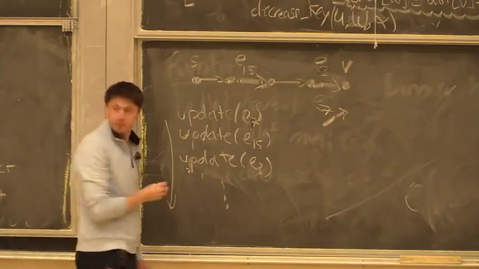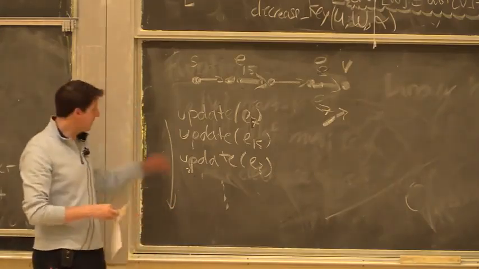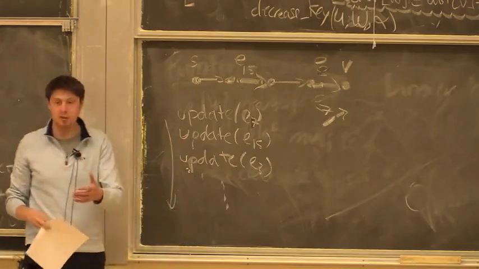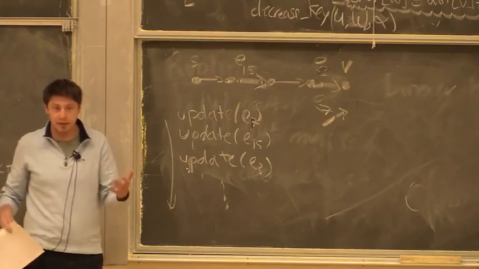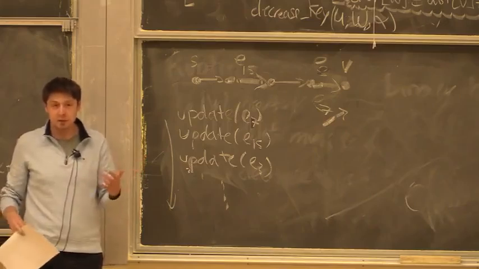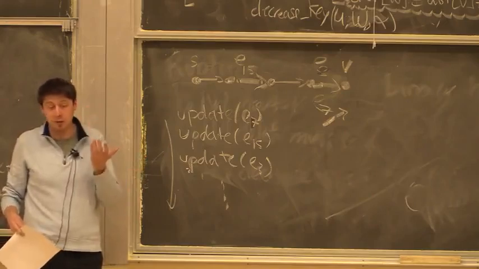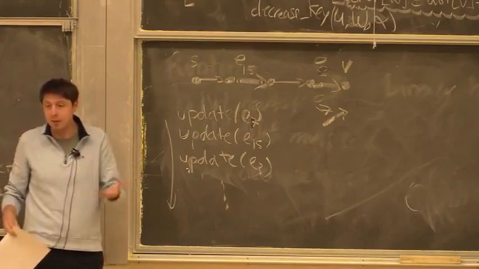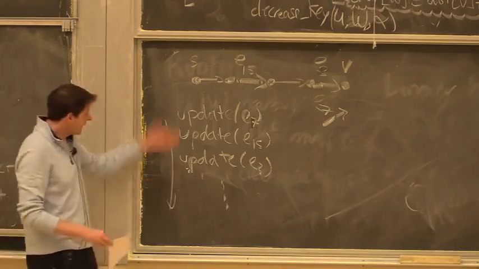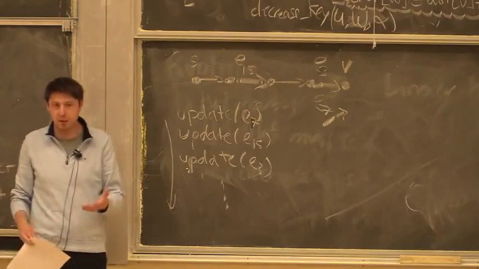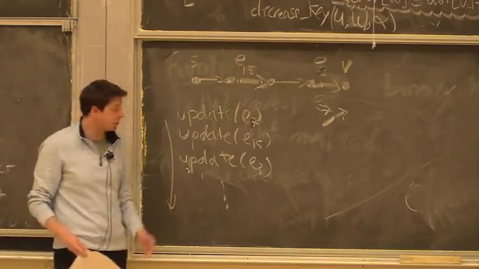So consider a sequence of updates. We're about to design an algorithm. What will the algorithm do? It will just update edges one after the other until it thinks it's done. So now we're trying to figure out what should the algorithm look like. Well, whatever algorithm it's going to be, it's going to update edges in some order, right? So just write down an order for a moment abstractly to think about, what should the algorithm do?